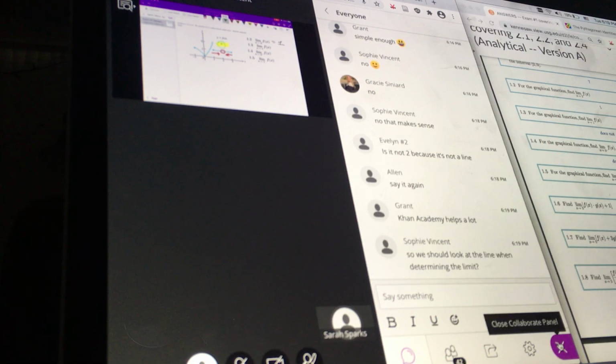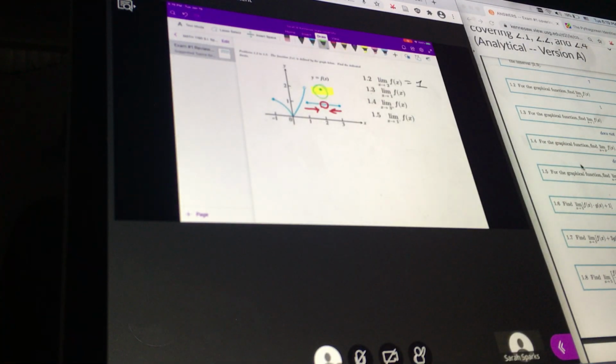If you're given a graph like this, where it's all funky looking, this is probably the only time in the course you're going to see something like this, a graph for a limit, so this is not usually how you evaluate limits. This is just making sure that you understand the fundamentals of limits.